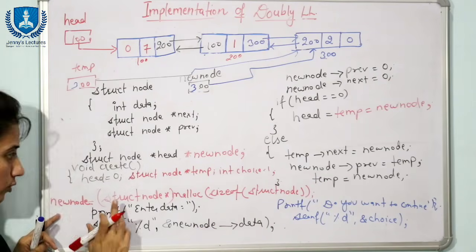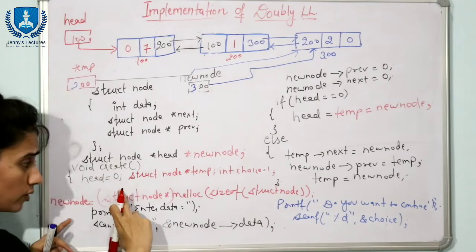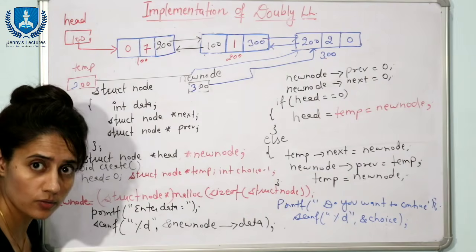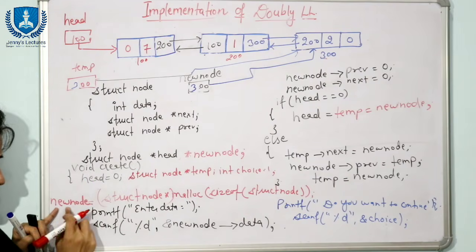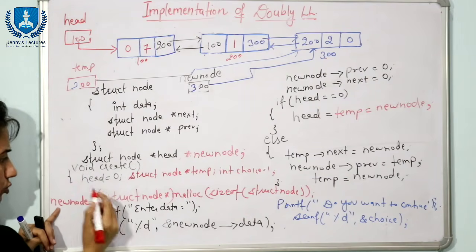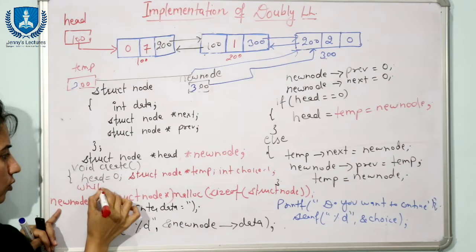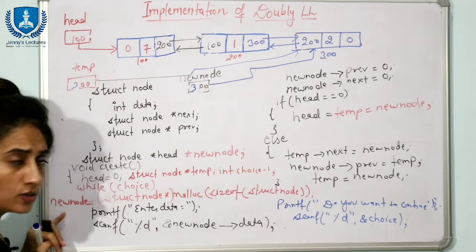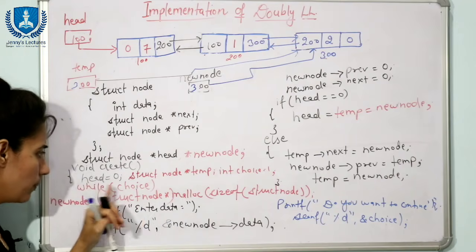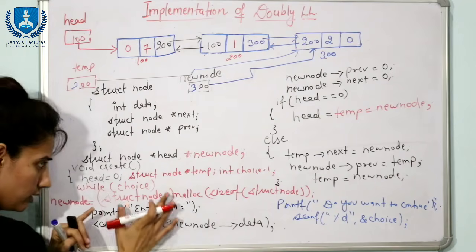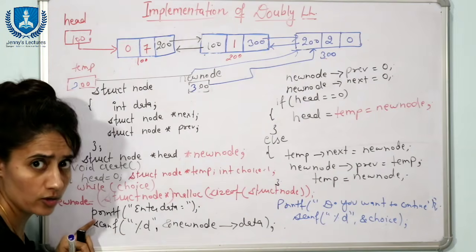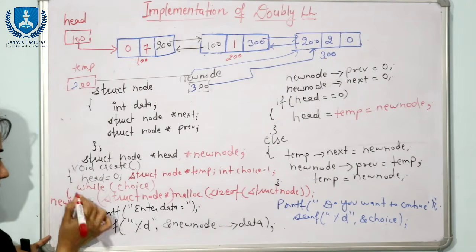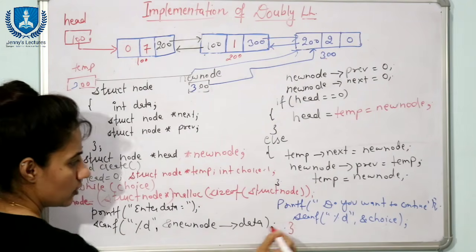So that is why you are going to write this code in a loop. Fine. So here, before this line new node is equal to struct node, you will write while choice. It means when choice is equal to 0, when you pass 0 here, this code will not be executed. So that is why here you can start the while loop and here you can close this while loop.